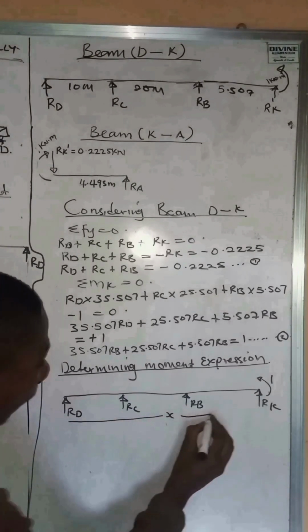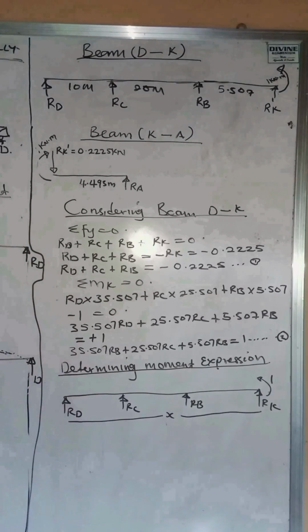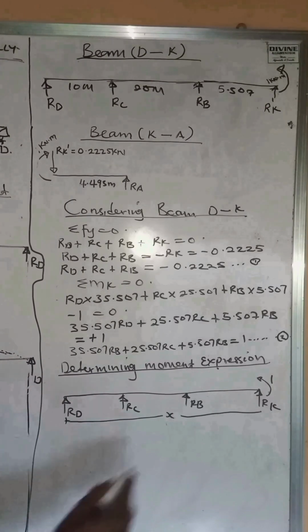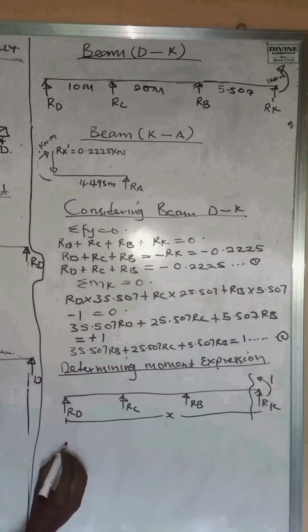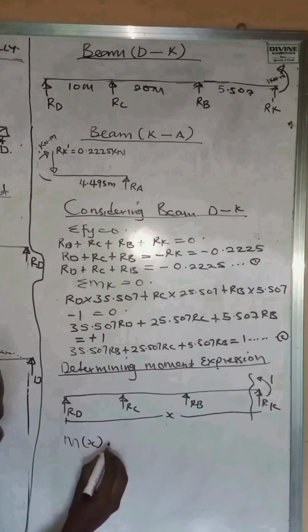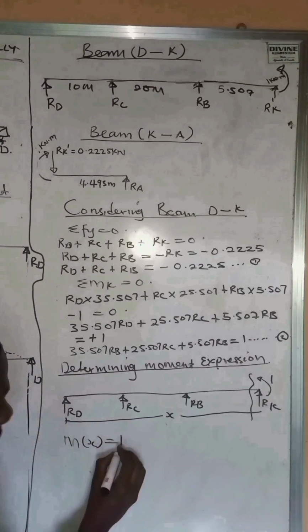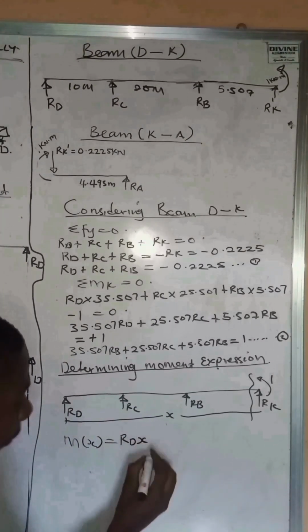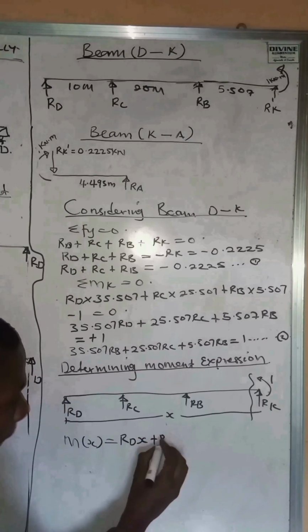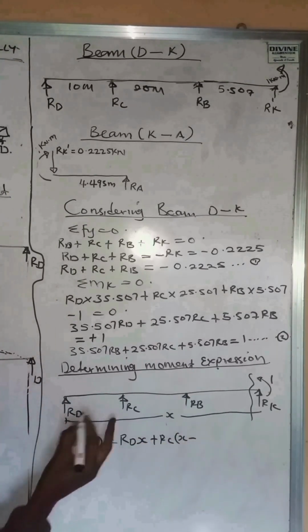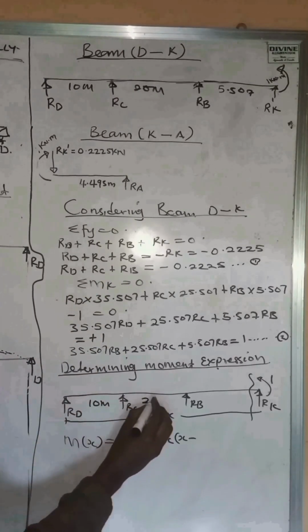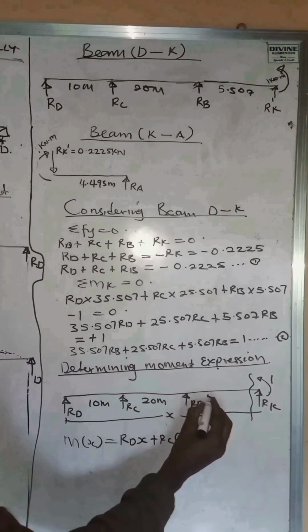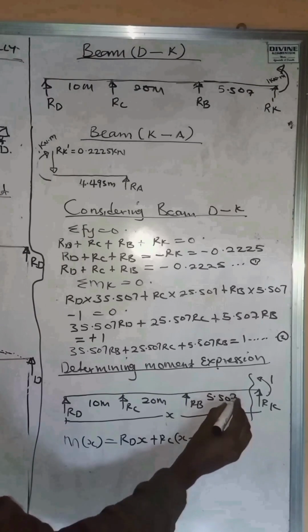So let's take an arbitrary point on BK. Let's call it X. So we have a moment about that point. Let's take a section across the beam. So the moment expression becomes RD times X plus RC times X minus 10, here is 10 meters. Remember, here is 20, here is 5.507.